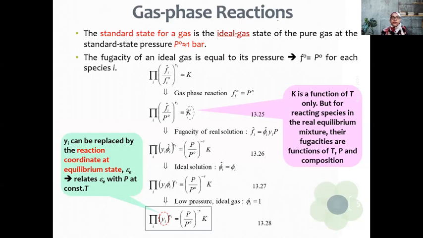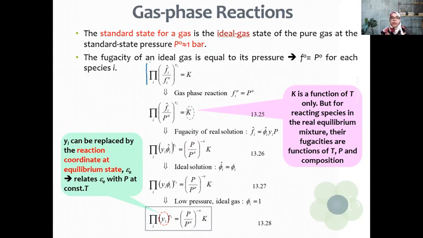So in the gas phase reaction, the ideal gas law is stated for the pure gas at the standard state pressure, and the pressure P naught, or the standard, is at 1 bar. So the fugacity of the ideal gas will be equal to its pressure.